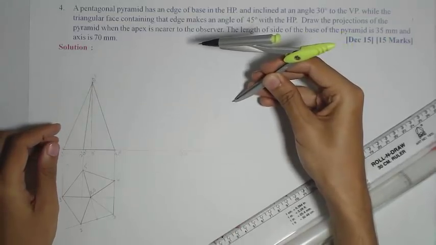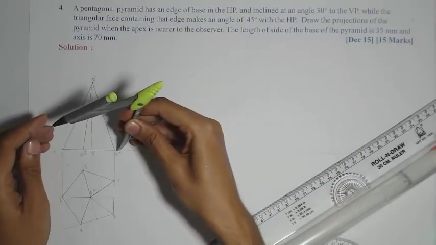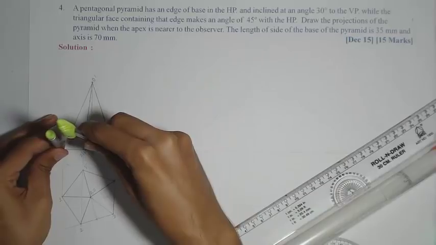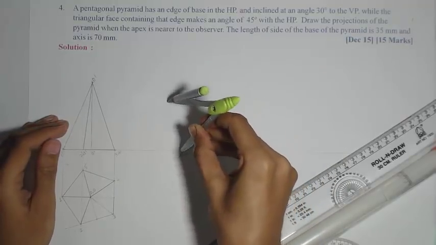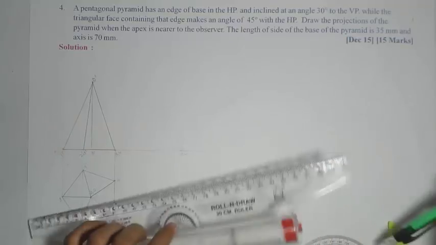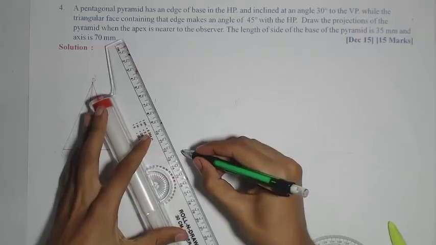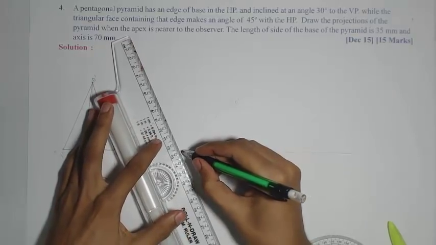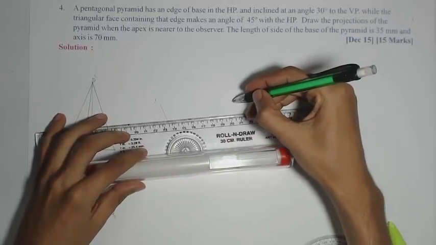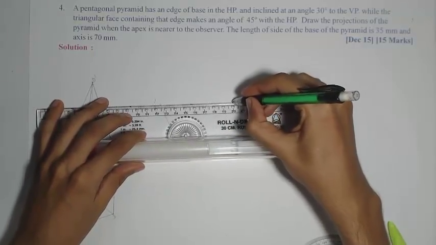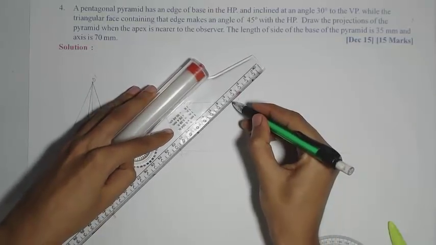So O dash is here, so with that I'll cut an arc for 1 dash, and I'll get one more arc for 1 dash from the base. Okay. So O dash, then 1 dash. Now 3 dash, 4 dash to 1 dash will give me the base, and the other boundary is also dark, and this edge is also dark.